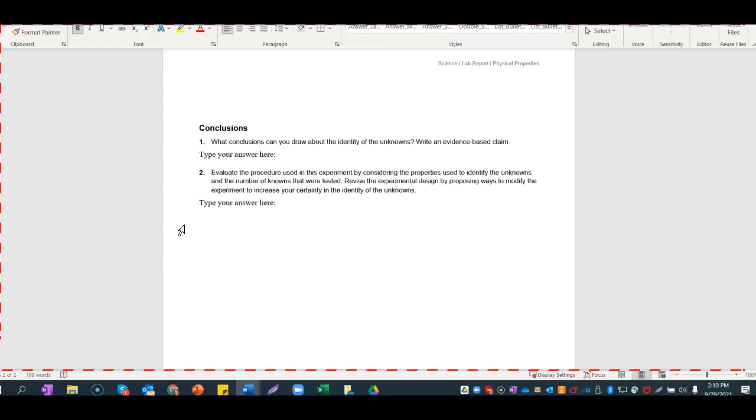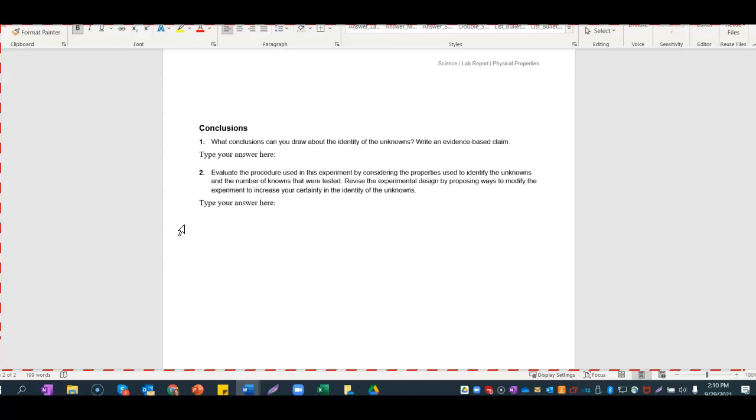And if we were thinking of a real life experiment, and we had those metals in our hands, would they be shiny? That's a property. Dull. Is it malleable? Is it able to bend easily? So all of those things are different physical properties that we could add to our testing.